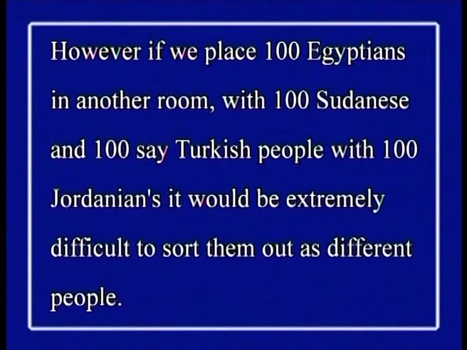However, if we place 100 Egyptians in another room with 100 Sudanese and 100, say, Turkish people with 100 Jordanians, it would be extremely difficult to sort them out as different people.